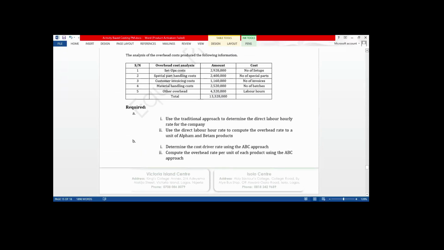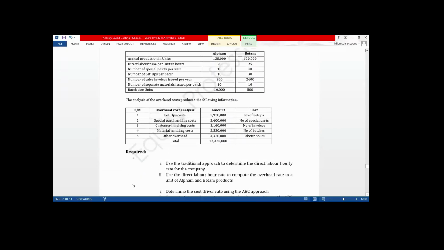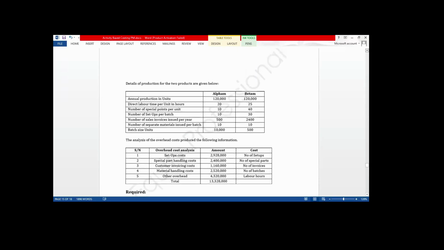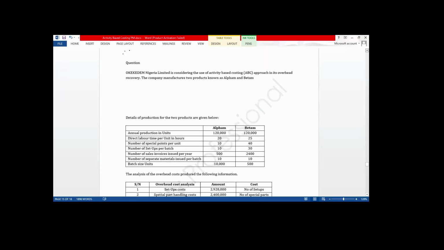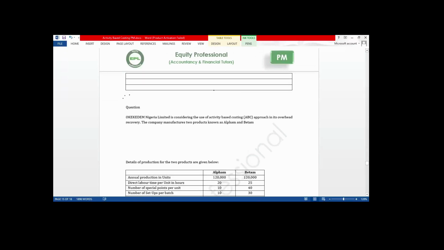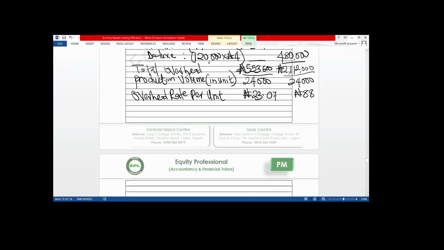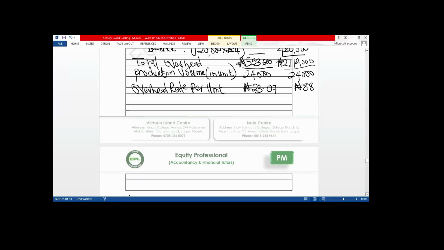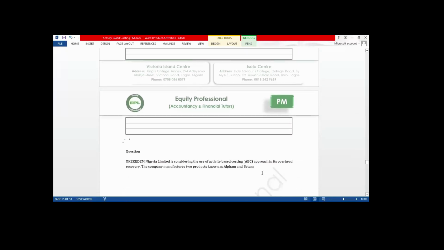How are we going to treat this requirement C? I'm going to leave the question as an assignment for you guys. Assuming requirement C is added to the question we have treated, how do we do requirement C?